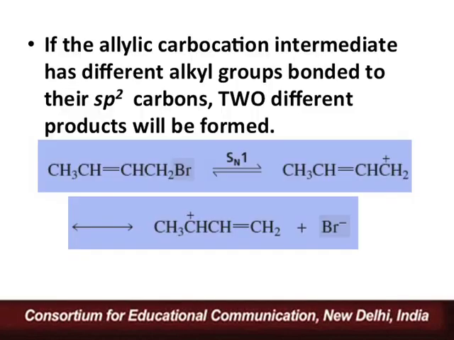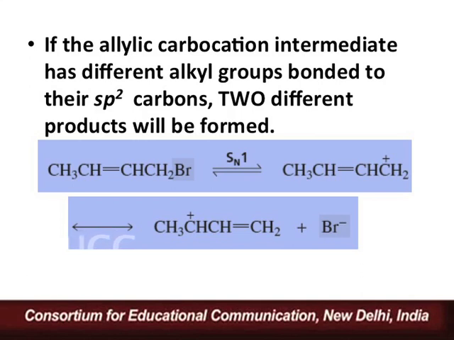Let us take a second example of allylic carbocation. If the allylic carbocation intermediate has different alkyl groups bonded to their sp2 carbons, then 2 different products will be formed. Reason being, the 2 resonating forms of allyl carbocation formed are not equivalent.